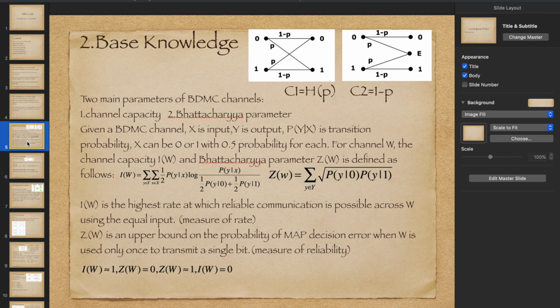For channel W, we have two main parameters. The first one is the channel capacity, which we have already learned in the class. And the second one is the Bhattacharyya parameter, and the definition of these two is here.